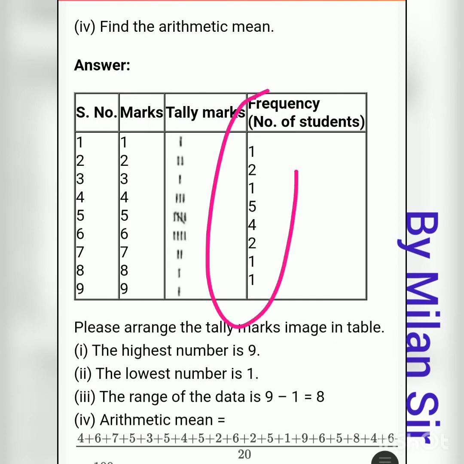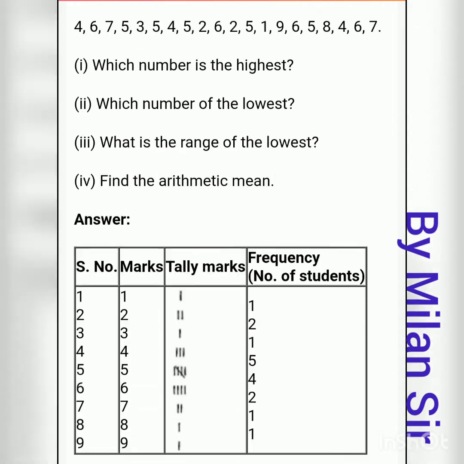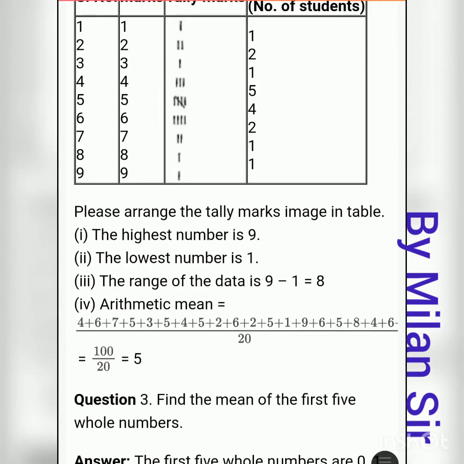Either we can find the sum of this, otherwise we can find it by calculating these numbers. So mean is equal to the sum of all the numbers divided by the total number of numbers. Here total 20 numbers are there, so divide by 20.